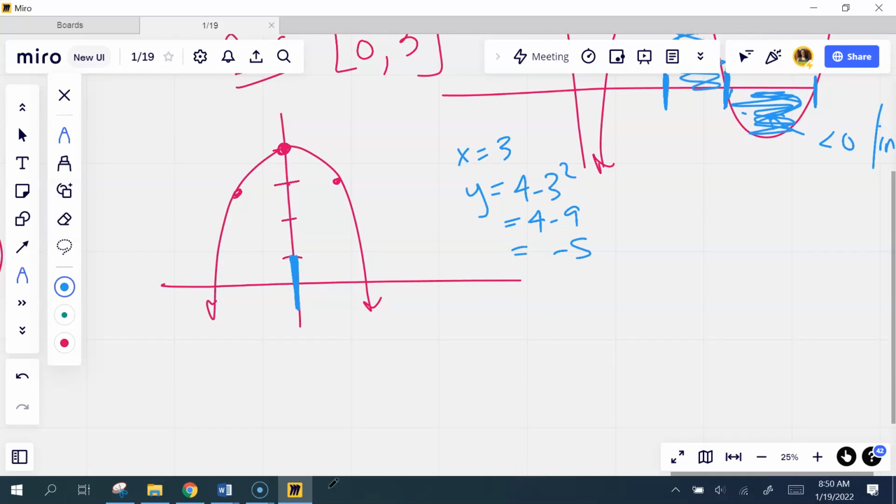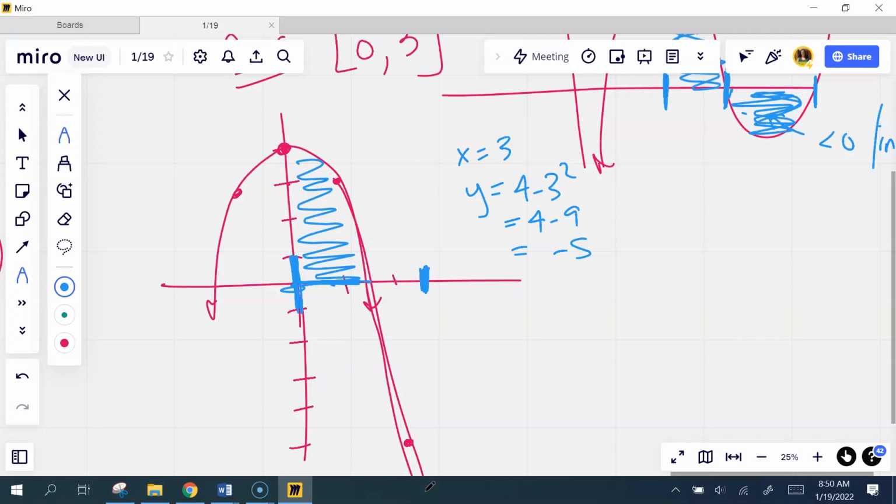So my 3 is somewhere down here, something like that, right? So I want the area here from 0 to 3.